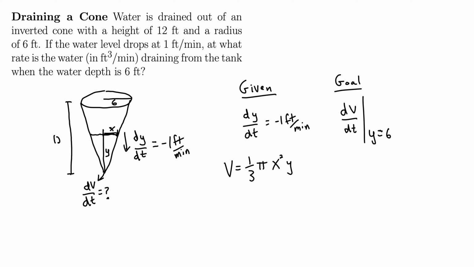Okay, well, the problem here is that we have two variables happening, but we only want one variable. And the way we do this is an old trick from geometry known as similar triangles. This seems super obscure, but it shows up all the time in related rates problems. So what are these similar triangles? Here I've taken a cross-section of our cone, and you can see the similar triangles forming.